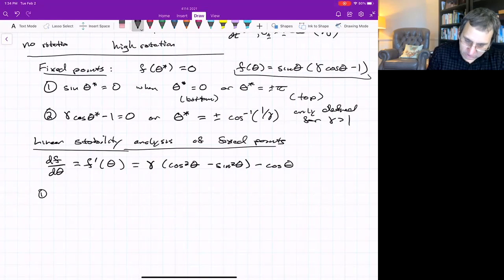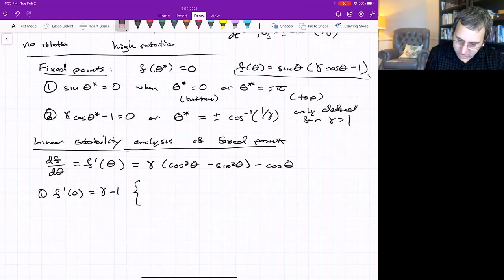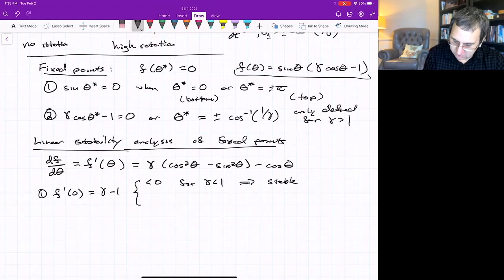So for the two types of points, F prime at 0 is gamma minus 1. So this is less than 0 for gamma less than 1, which meant, if you remember, that means stable.